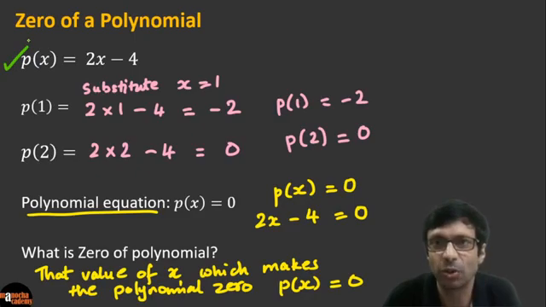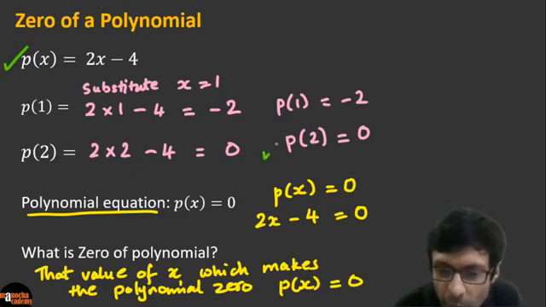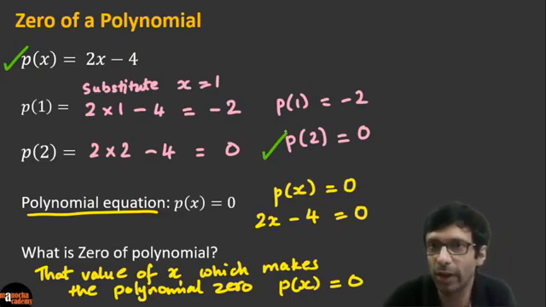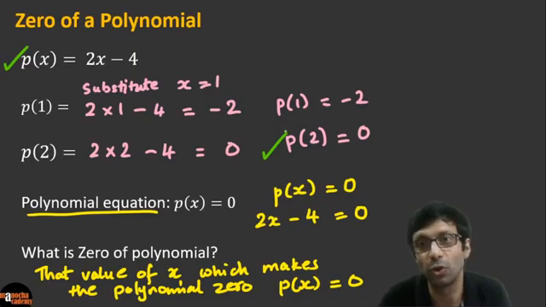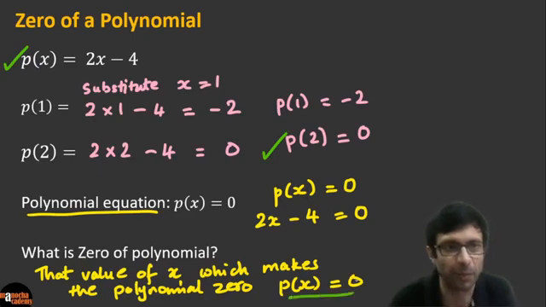Very good guys. So the answer is 2, because as you can see in our example, when we do p of 2, for that value the polynomial becomes 0. So 2 is the 0 of the polynomial, that value which makes the polynomial 0. Clear?